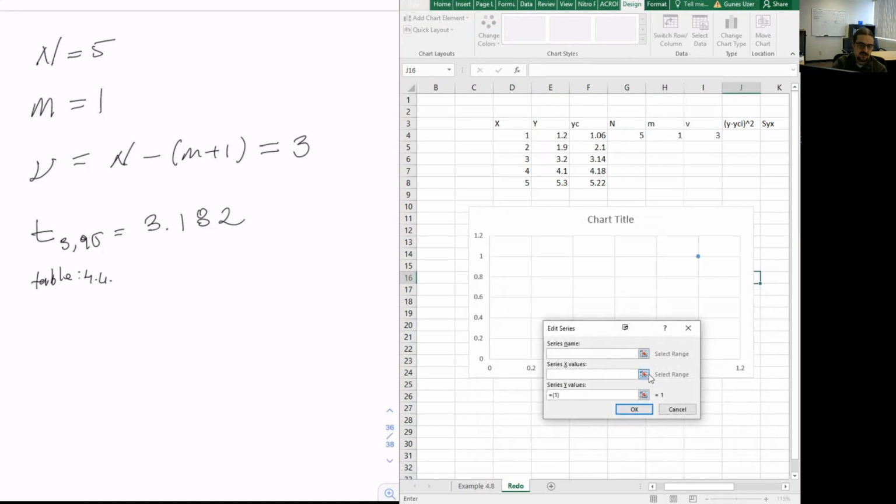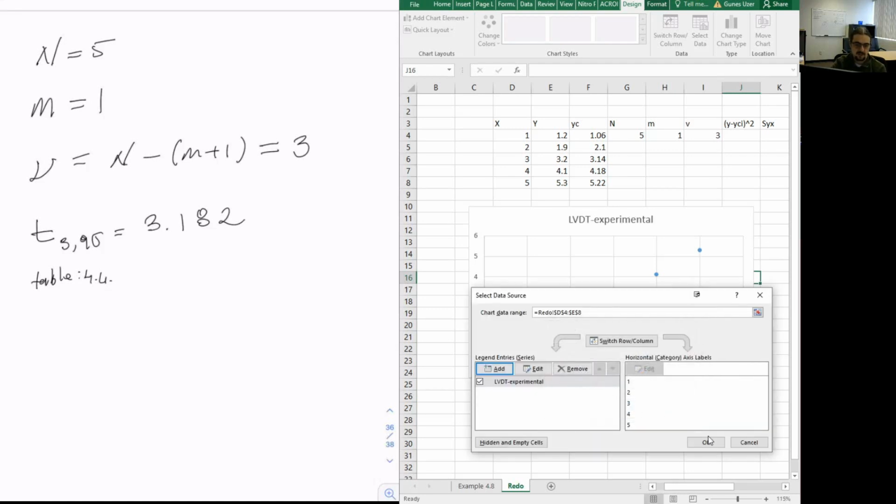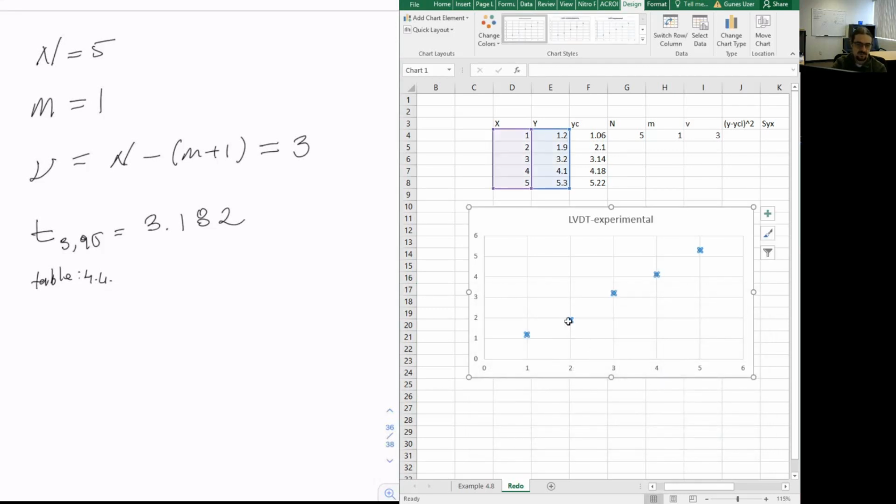My x values are going to be 1 to 5 right there, and my y values are going to be again the corresponding values, and this is my LVDT measurement, that's my experimental data. Then I'm going to press OK, and those are the 5 points that I have.